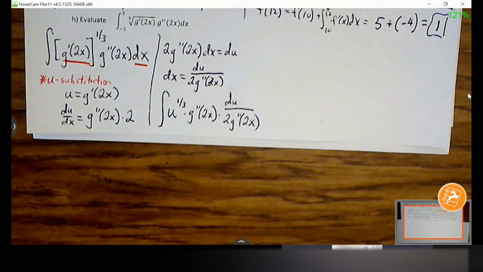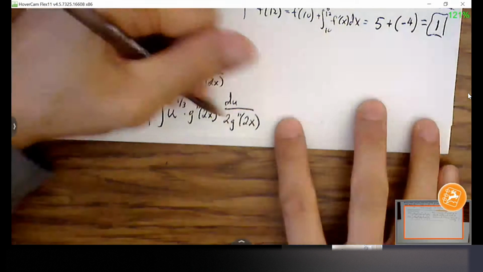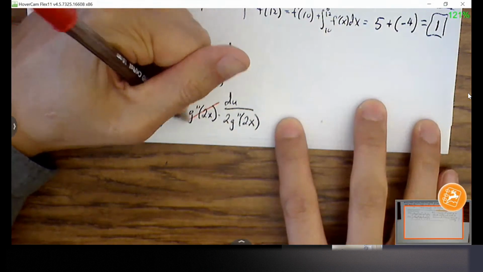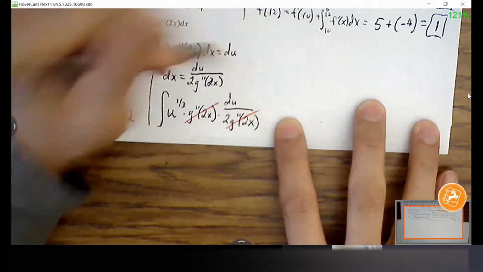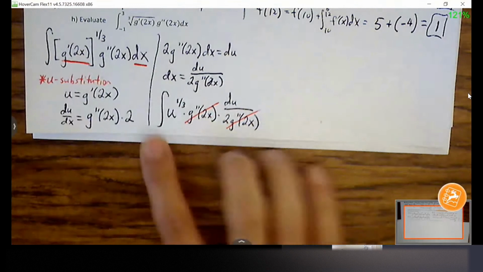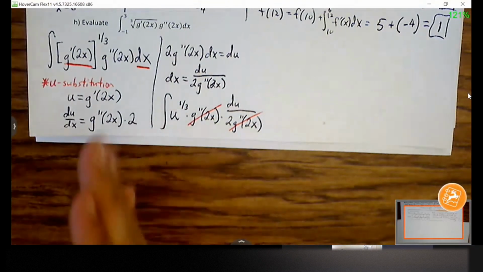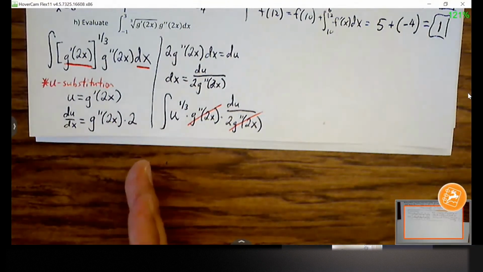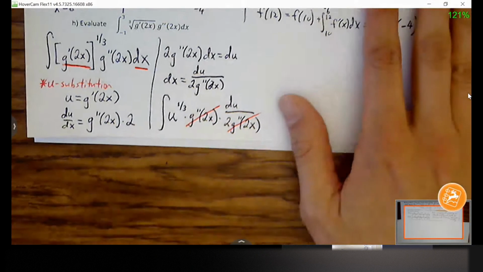All right, what do you guys see? Does this clean up? I cancel the g double prime 2x and then move the 1/2 out to the front. So this cleans up all the way to something that we can just do power rule with.